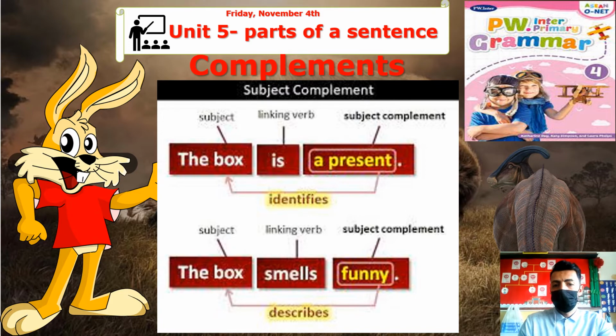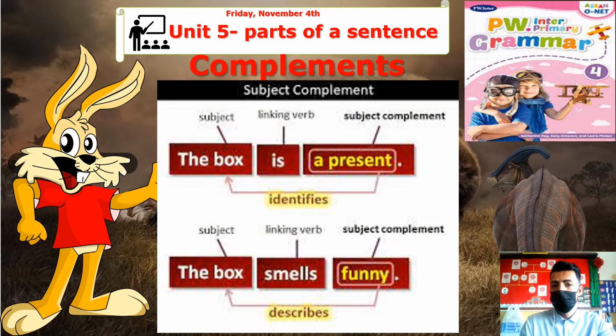The box is a present. Now here, a present is the subject complement. It completes the box is. Here, the noun complement present renames the box and gives us more information about the box.